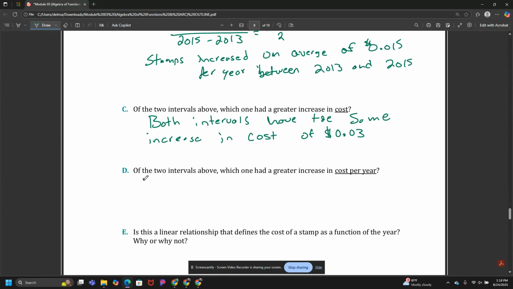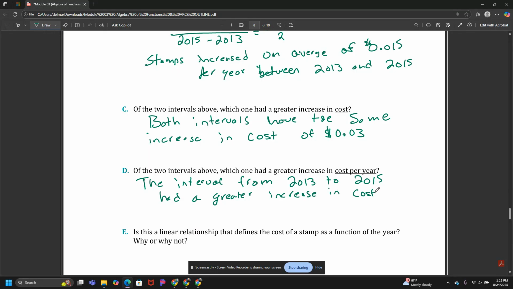We can write the interval from 2013 to 2015 had a greater increase in cost per year, and we can write that 0.015 is greater than 0.005, because this would round to just 0.01 and that would round to 0.02.